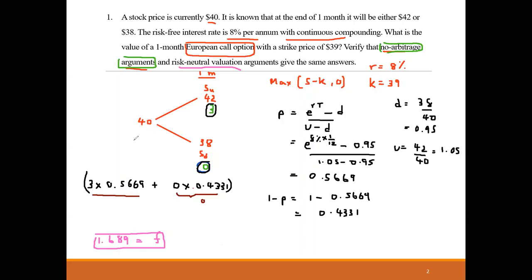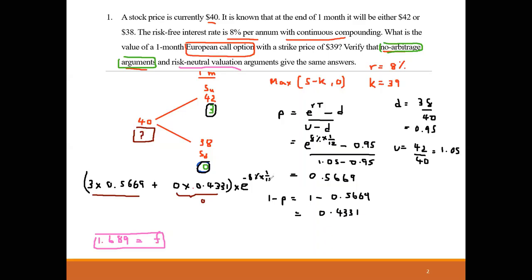But we need the value of the option as at today. So to get the value of the option as at today, take the present value of this expected payoff, that is multiplied by E to the power minus RT, where R is 8% multiplied by 1 over 12.